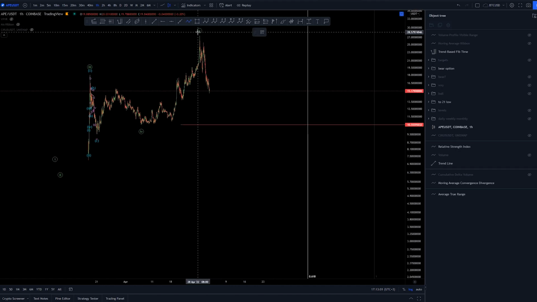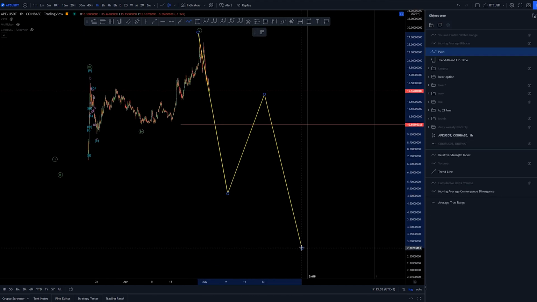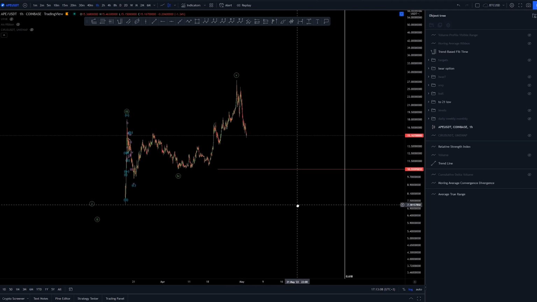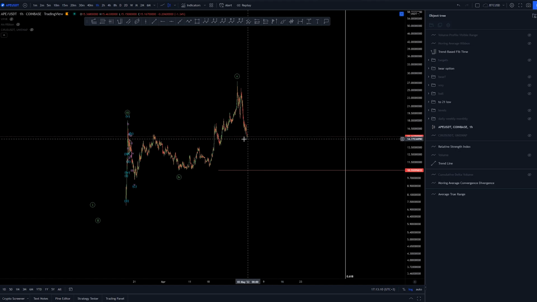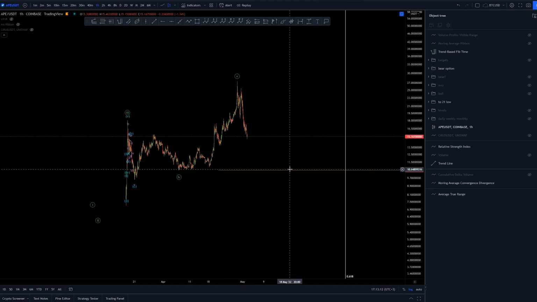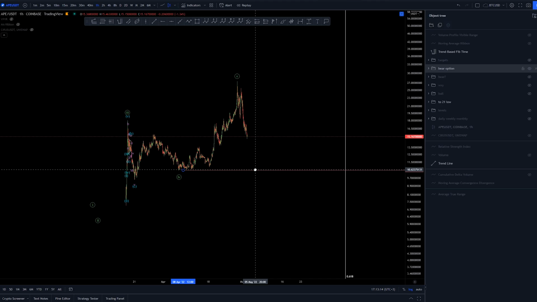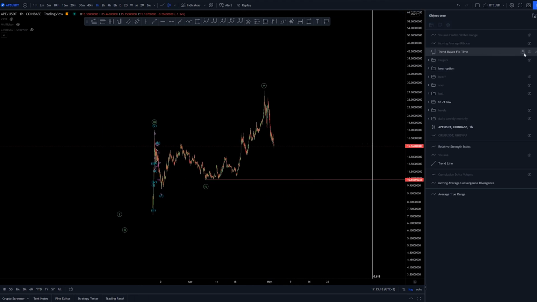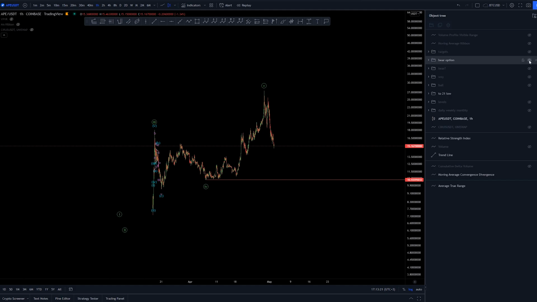And at that point we could be doing something like this for wave 2 on a larger degree. So that has to be kept in mind. Even if it looks bullish, there is also always a possibility of being bearish, and bearish scenarios have to be always looked into, and at least taken into consideration.